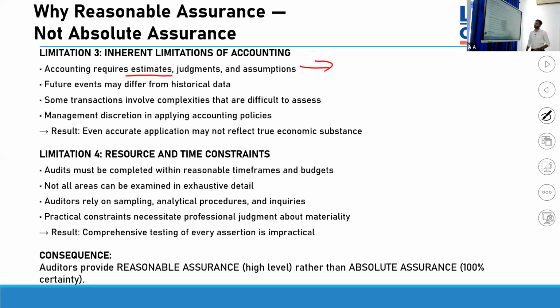Can anyone tell me for what purpose we use the estimates when we are preparing the financial statements? For what purpose? What is the purpose of using estimates? Can anyone tell? Give me an example where we use the estimates. Anyone?